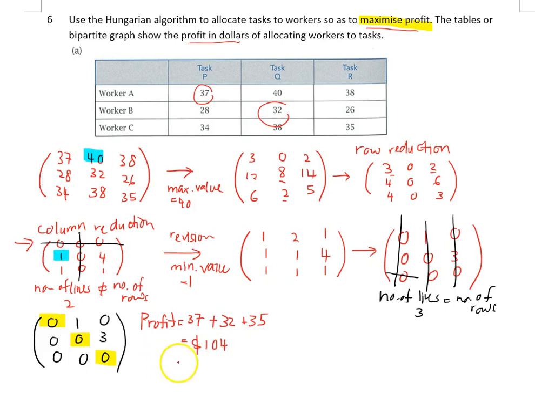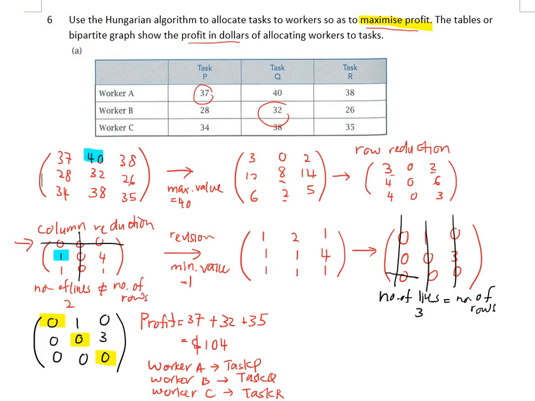So this is the profit. And how are you going to assign? Maybe you can say worker A is assigned to task P, worker B is assigned to task Q, and worker C you assign to task R.